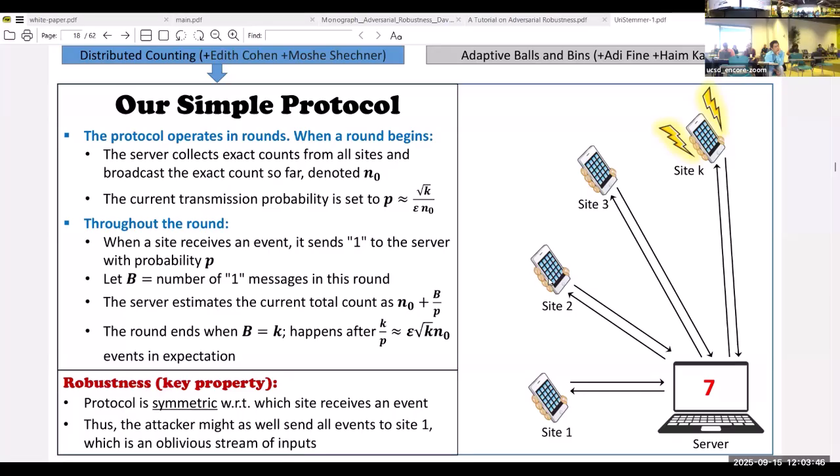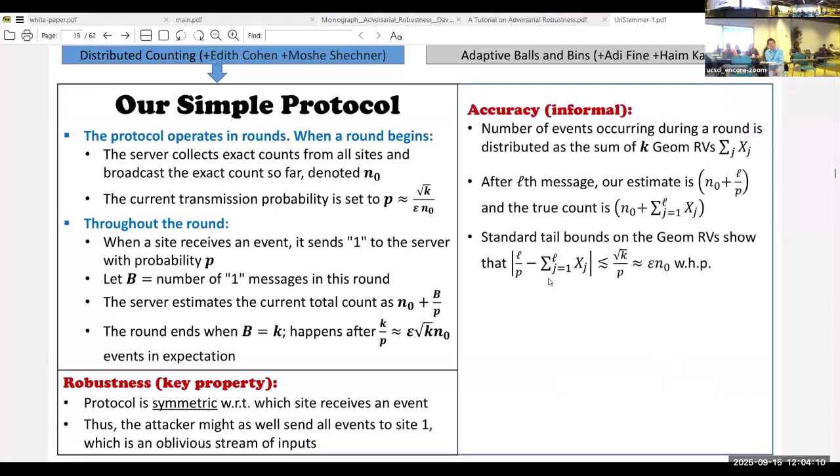In particular, it's easy to see that the outcome distribution of the server is independent with respect to which site gets the next event. And that means that the adversary might as well just send all of the events to site 1, which is an oblivious stream of events. So you're taking away its power, right? So what I'm saying is it suffices to analyze the accuracy of this protocol in the oblivious setting.